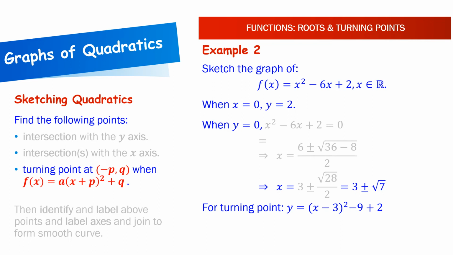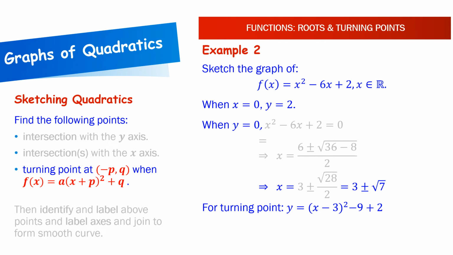Now let's have a look at the turning point. The turning point is minus pq when f of x is given in the format a times x plus p all squared plus q. We can put it in this format by completing the square. Do remind yourself how to complete the square from one of the previous sessions.